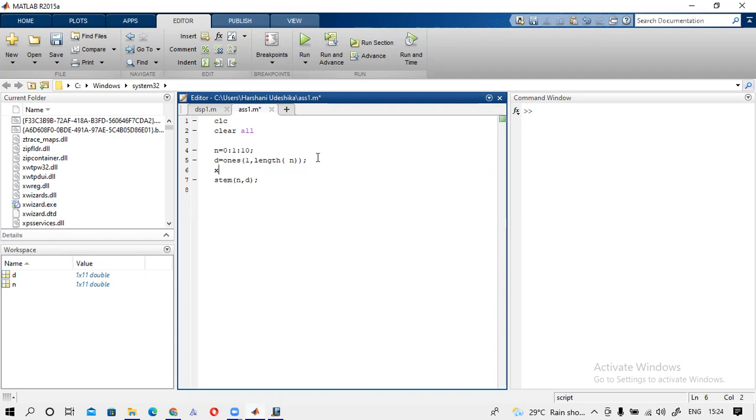So this is x, x is equal to exponential of minus n. So I think now it is okay. If I put stem with x, I think we will get the graph. No issue. Let's try.